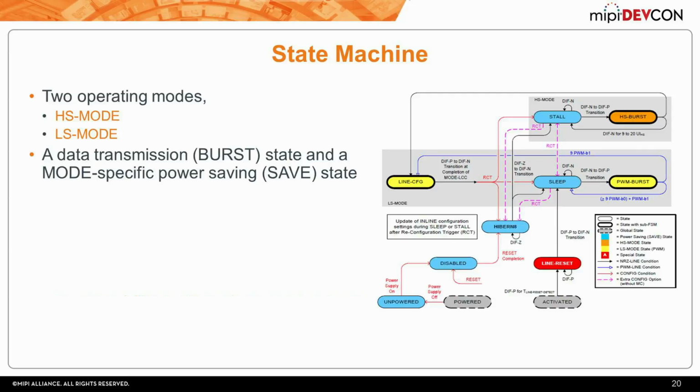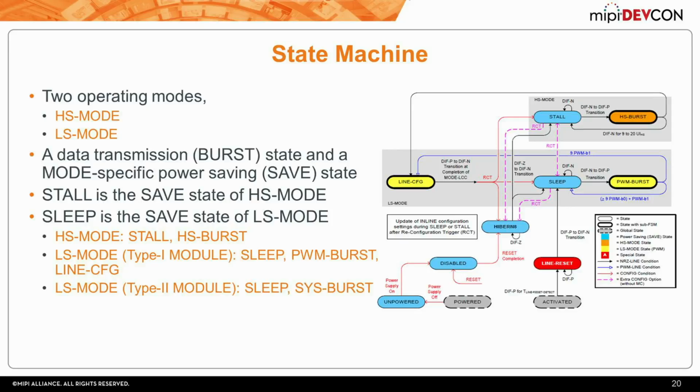It goes from diff N to diff P, and then it goes to the burst state, and then once it's finished, goes back to the sleep or stall state. So stall is the safe state of the high-speed mode. So that's the one at the top here. And sleep is the safe state of the low-speed mode, which is here. And then these are the burst modes, the high-speed burst or PWM burst for the low-speed modes.